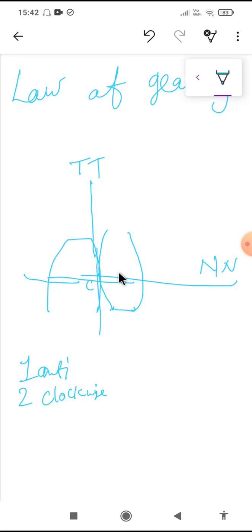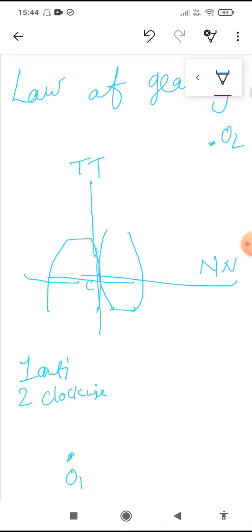Now let me draw from O1 and O2, so that O1A and O2B are perpendicular to the common normal NN. Suppose this is a gear, and its center is at some point here of gear 1, that is O1, and this gear center is somewhere here, suppose O2.